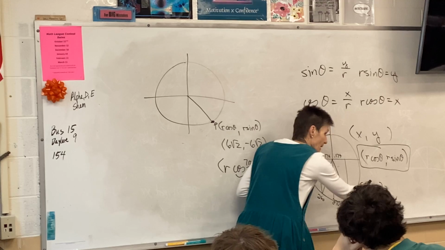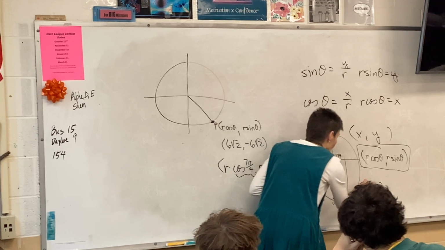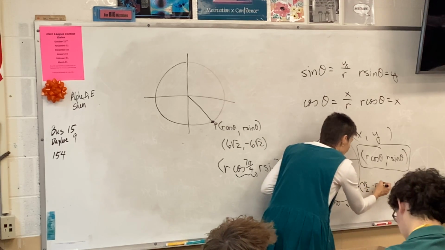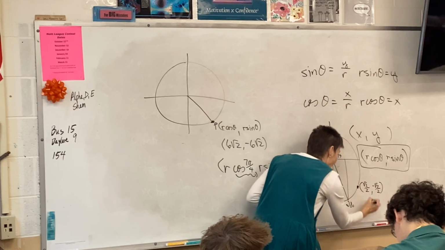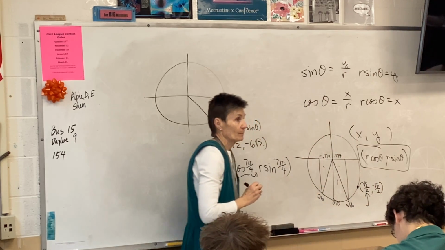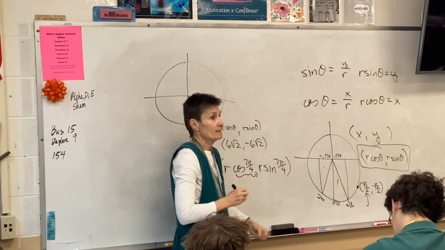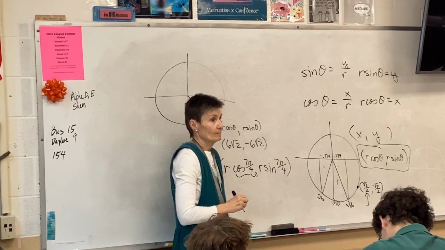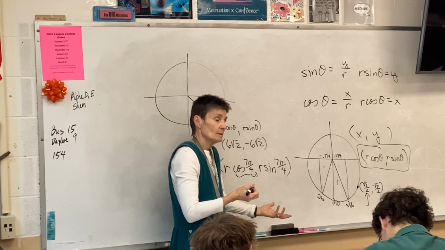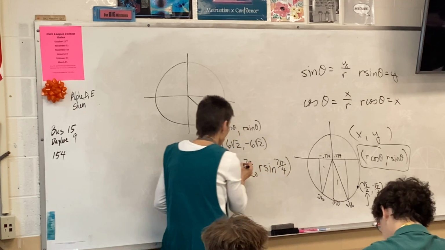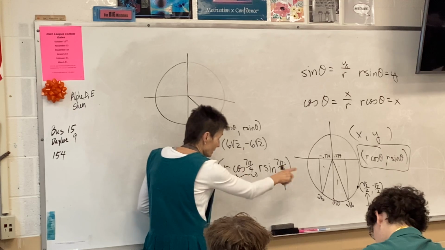What are the coordinates of that point? Root 2 over 2, negative root 2 over 2. That is your cosine. Remember, on the unit circle, cosine is x, because r is 1. So this, right here, is root 2 over 2.